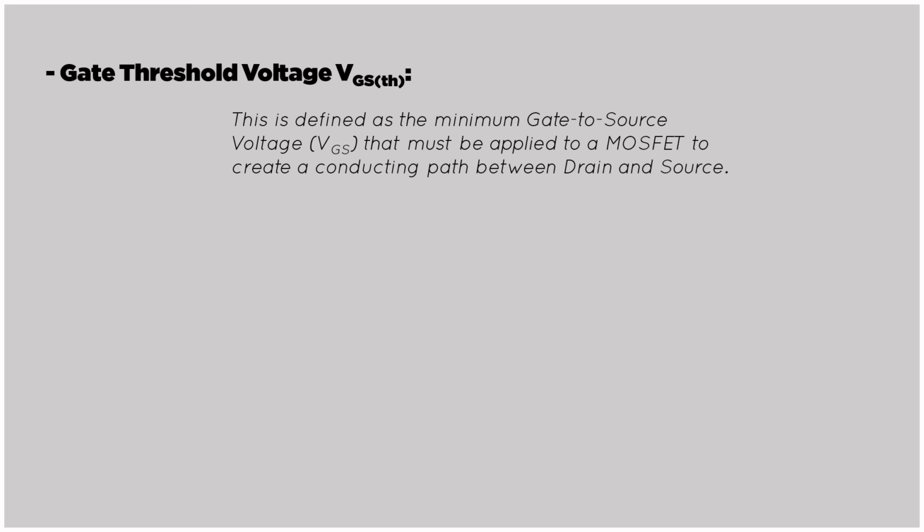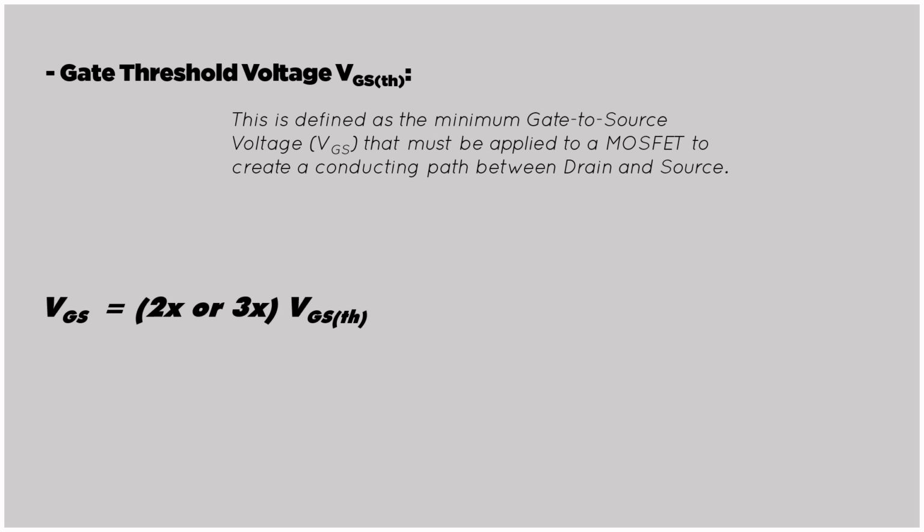This defines the minimum gate to source voltage that must be applied to a MOSFET to create a conducting path between drain and source. But in reality, we ought to drive our MOSFETs with a voltage that exceeds the gate threshold voltage 2 to 3 times.